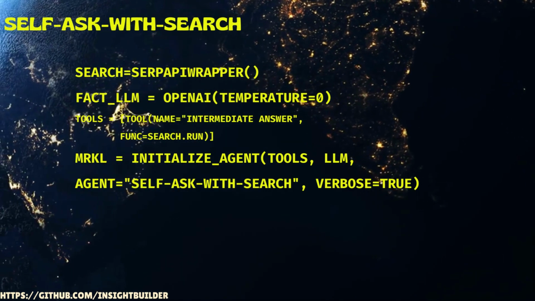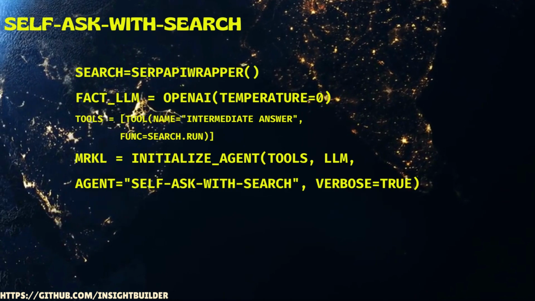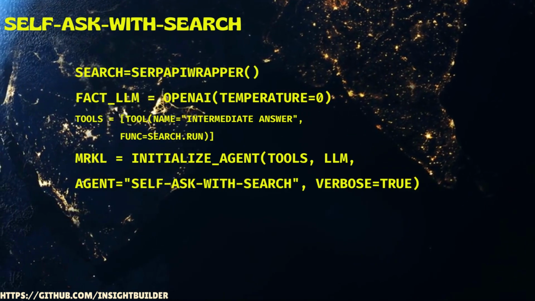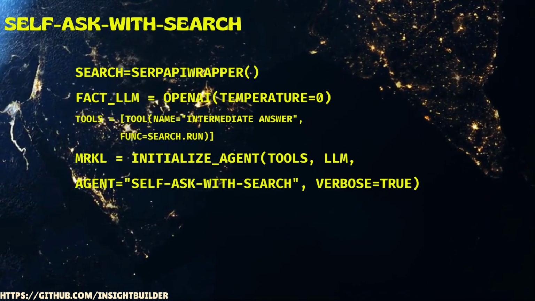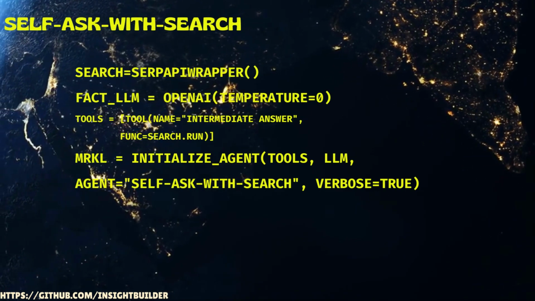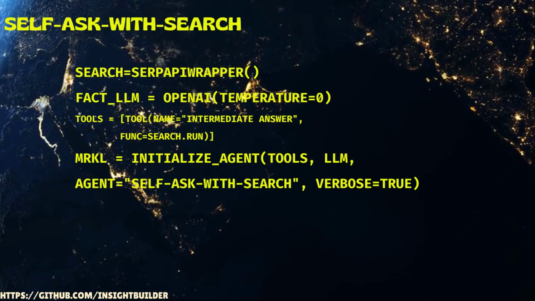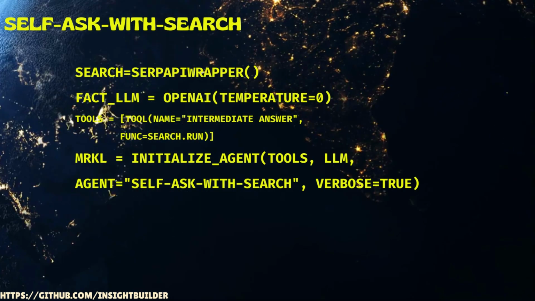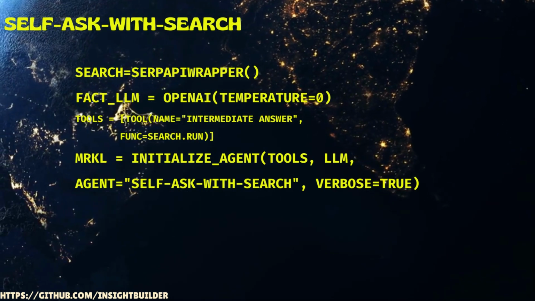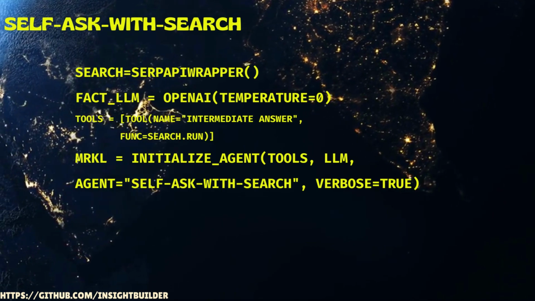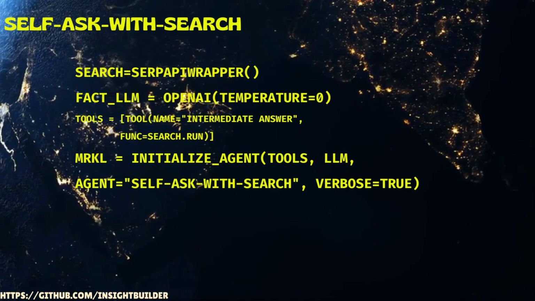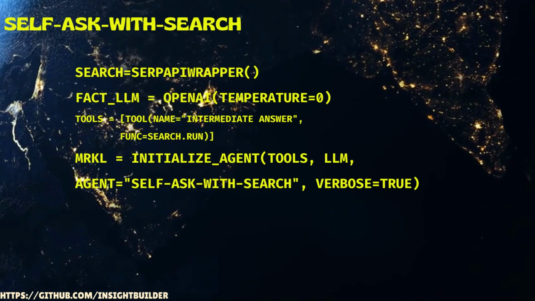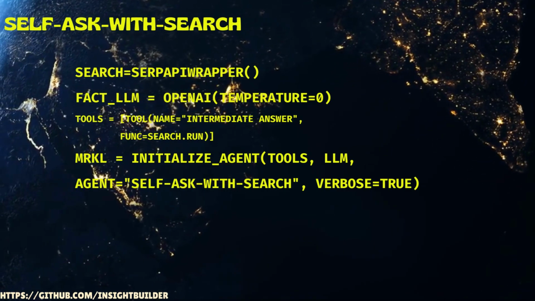So in self-ask with search, the actual agent, if you go and check in Langchain Hub, you will see the output, even in the Python Jupyter notebook itself, you can get the output to see how the prompt is. I will show it in the next video. There you will see the prompt says clearly to get the statement or the prompt from the user, and then the prompt is getting updated.